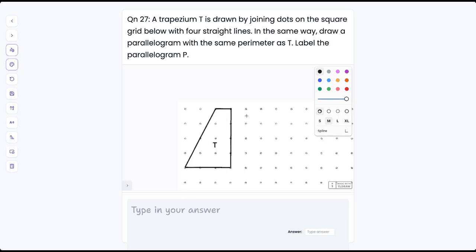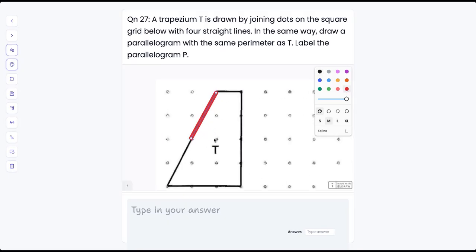Since we don't know how to measure the slanted line over here, if you look carefully, this slanted line has a middle part, and we have two dots over here. Let me draw a green one. So we have one here and another one here.